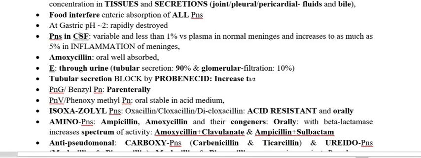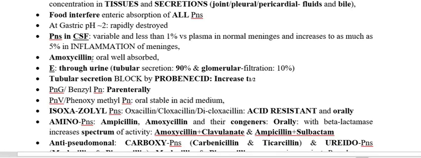But when there is an infection of the brain, the meninges get inflamed and the penetration of penicillin increases. So in inflamed meninges, the concentration of the penicillin is enough to produce the therapeutic concentration for the therapy of brain infection.